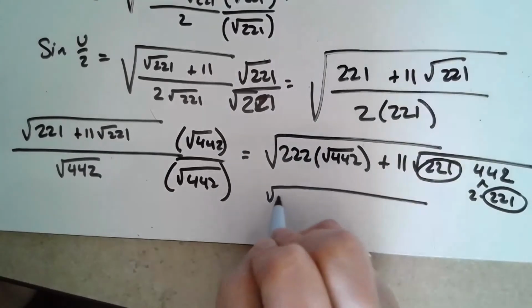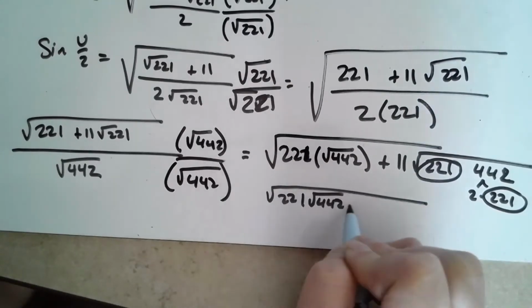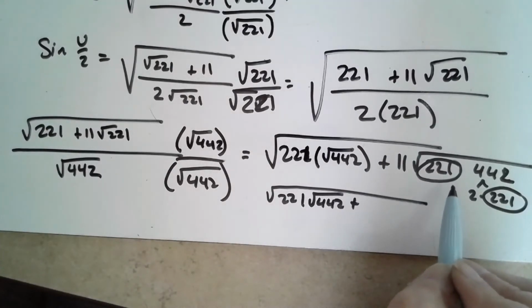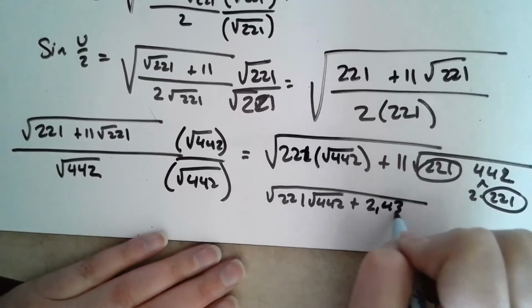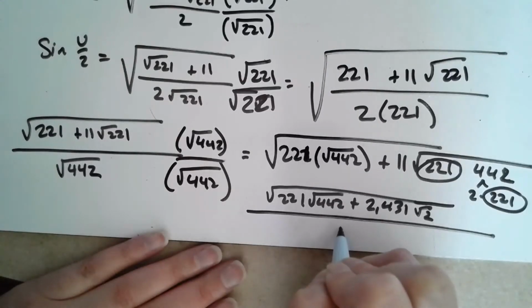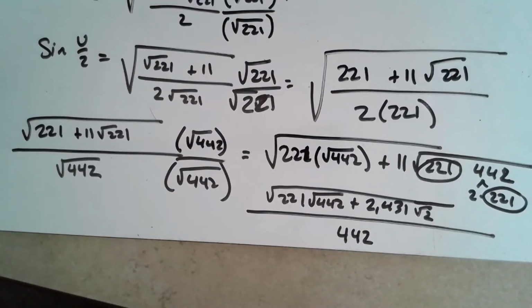We have the square root of 221 times square root 442, plus, if 221 comes out and we multiply it by 11, we are going to get 2,431 square root 2, all over 442, which looks horrible. And quite honestly, I think that's just our answer. It's just a horrible, sloppy answer.